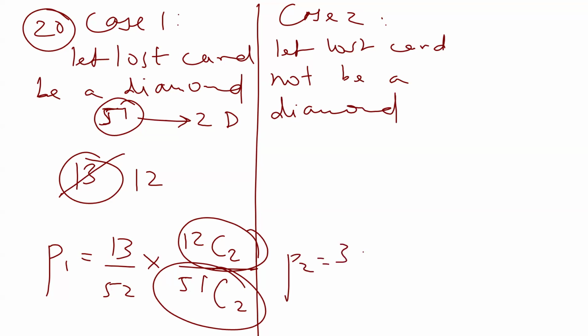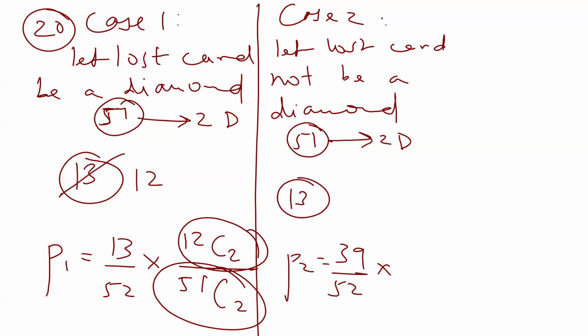There are 39 non-diamonds, so the probability of the card not being a diamond is 39 upon 52. Now the total number of cards is 51, and out of these, two diamonds are supposed to be drawn. There are 13 diamonds only; 13 is not getting reduced to 12 like the previous case. So out of 13, we require any two diamonds upon 51C2.